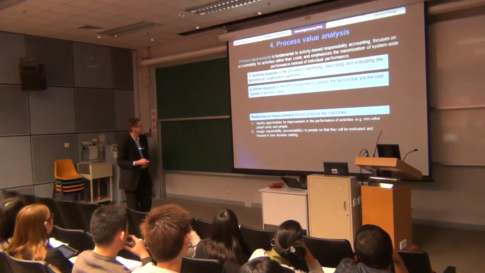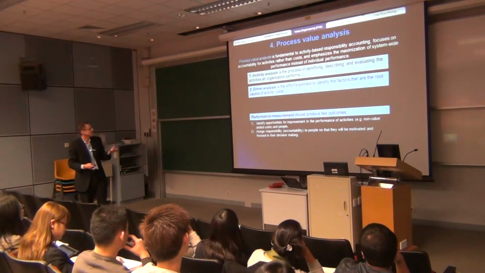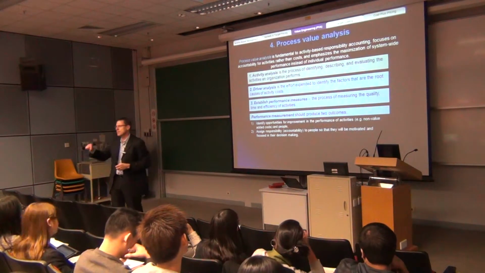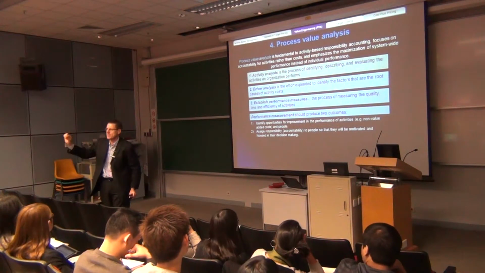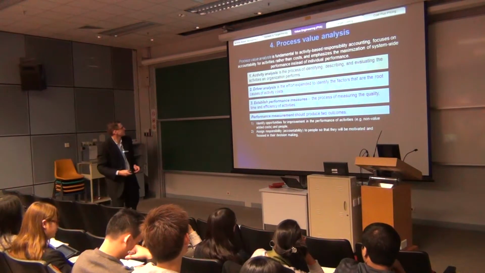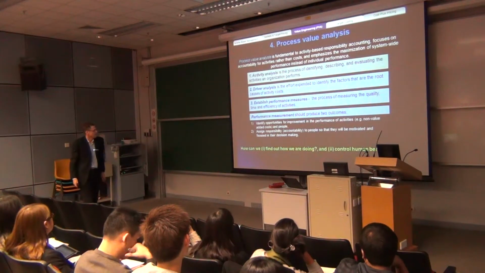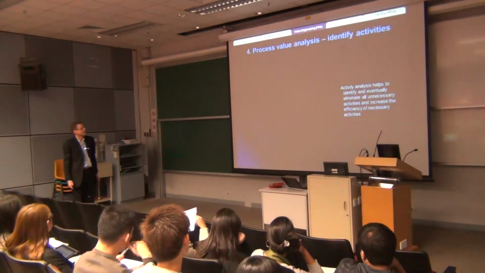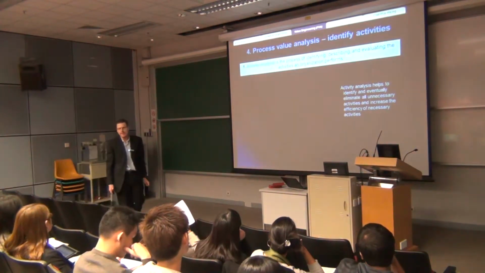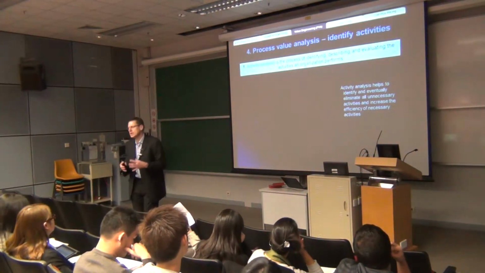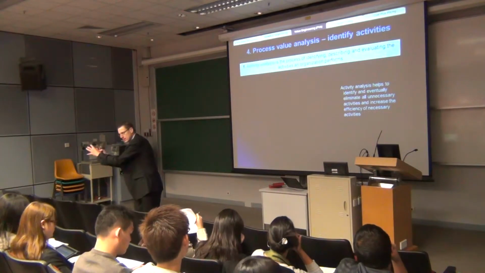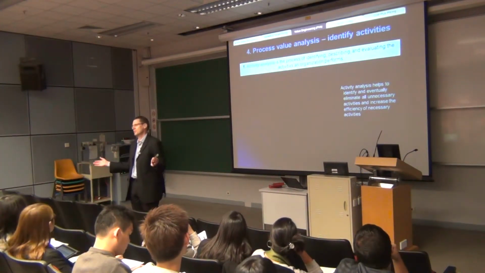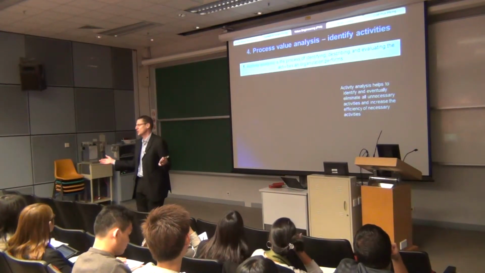So the process value analysis: activity analysis, driver analysis, and establishing performance measures. So there's three things. What I want to do is give you an example of each of those three things. First of all, activity analysis. So when you go into this company that's saying, cost control, I'm under pressure, what do I do?